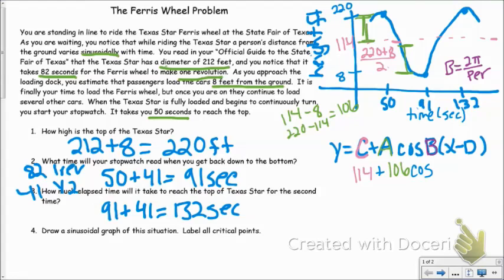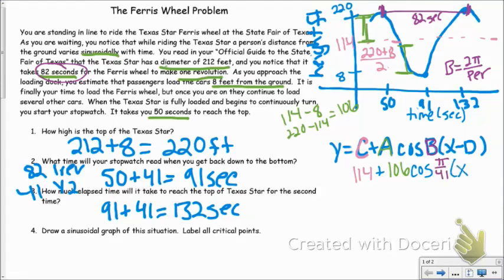It's basically how long it takes to make one revolution, which we know from the question is 82 seconds. If I didn't know from my question, I could also look at my graph. It goes from a high point to a high point and completes one full cycle in 82 seconds. So my B number is 2 pi over 82, which I'll write as pi over 41.